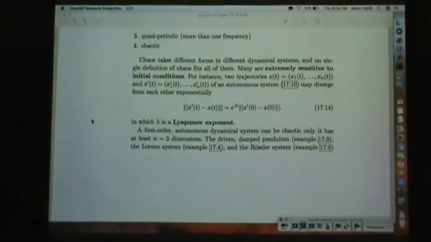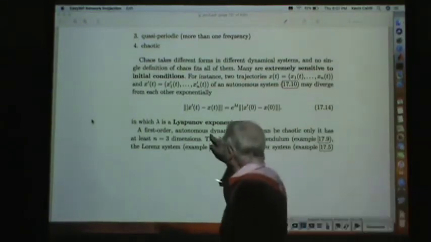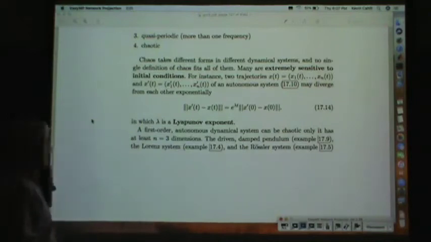And in a serious course on chaos, you find that people can show that a first-order autonomous dynamical system can be chaotic only if it has a dimension of 3 or more.